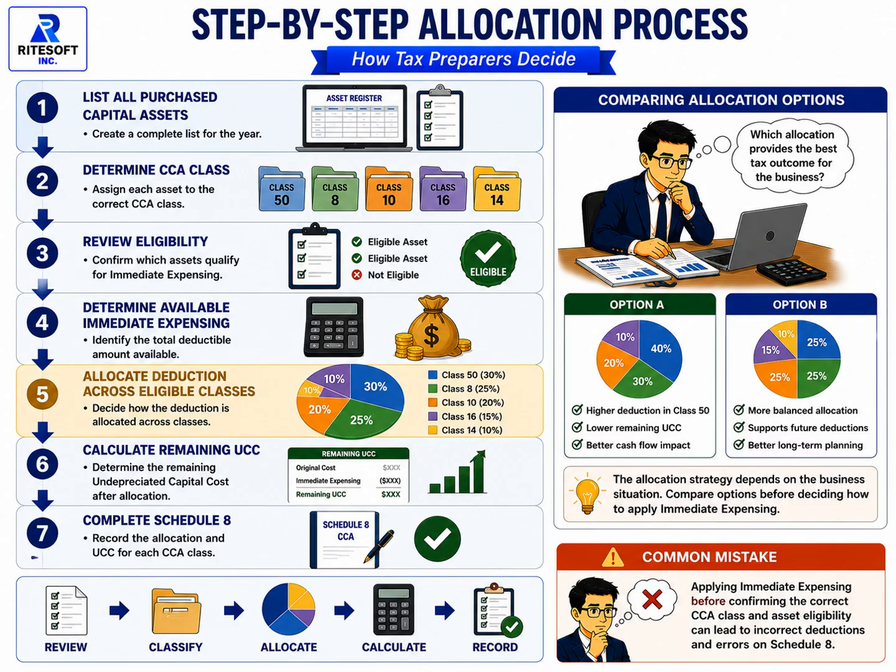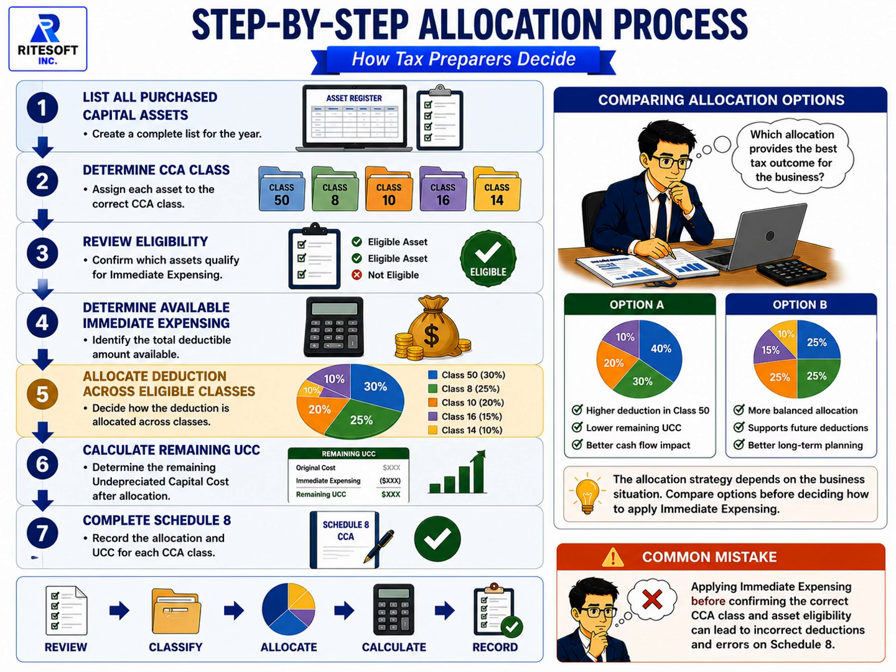Once the eligible assets have been identified, determine the amount of immediate expensing available for the corporation. At this stage, the allocation process begins. Rather than applying the deduction randomly, the available immediate expensing amount is allocated across the eligible CCA classes.